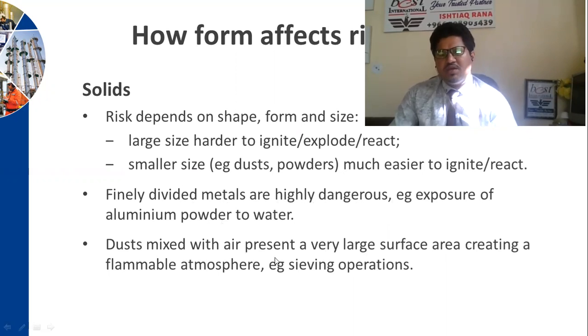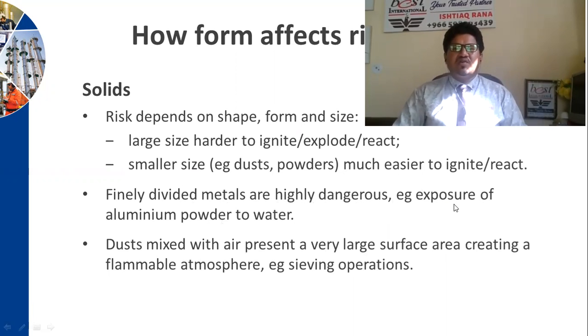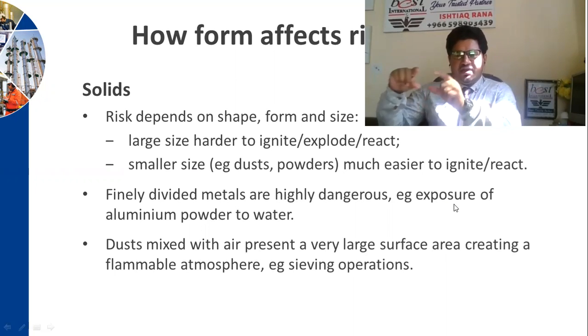Dust mixed with air, present at a large level with a large surface area, creates a flammable atmosphere. Let me give you an example: H2S, hydrogen sulfide, is a dangerous, extremely flammable gas. When H2S meets certain other substances, it creates pyrophoric iron sulfide.